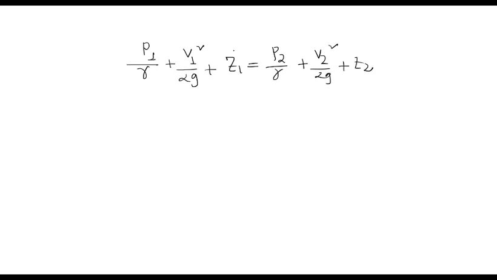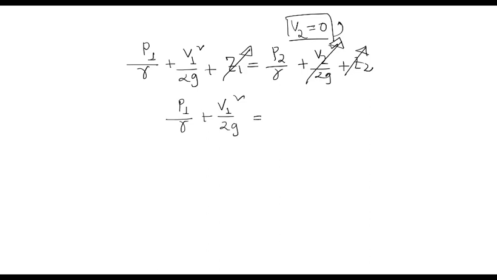Considering there is no elevation head, Z1 is equal to Z2, so this term is negligible, and V2 becomes 0 due to stagnation pressure.